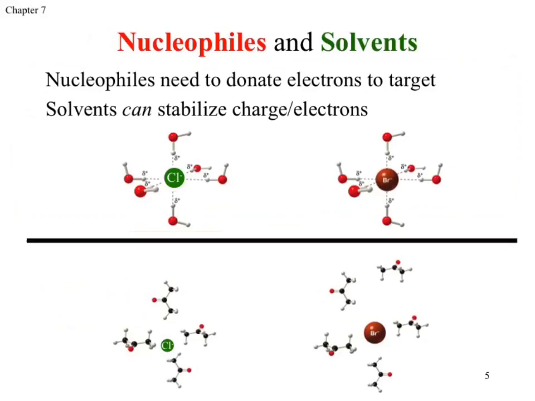If we take a look at our polar protic solvent, which case is polar protic, top or bottom? The top one. What's the solvent being used in the top one? Water. So we're looking at our polar protic. Which one is our stronger nucleophile according to our rule?